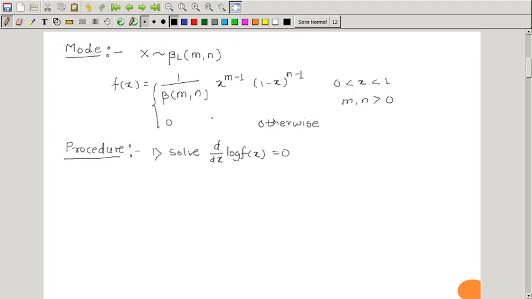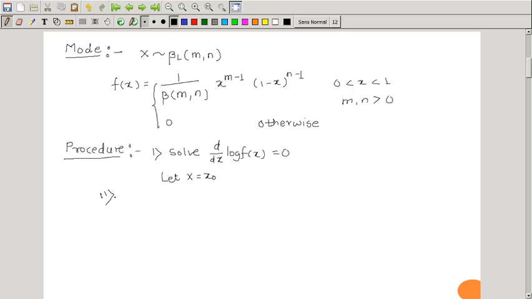That means taking the log on this function and differentiating it with respect to x and equating it to 0, and by solving this equation we get this x, which is denoted as x naught.